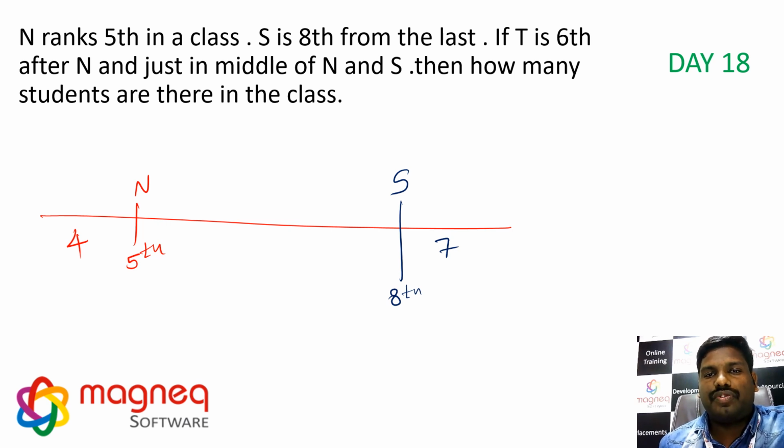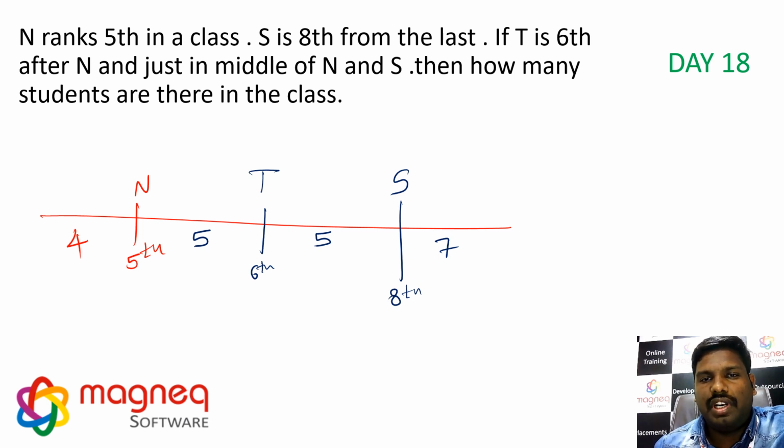T is 6th after N, so in between 5 persons. Just in the middle of N and S means on the other side also 5 persons.